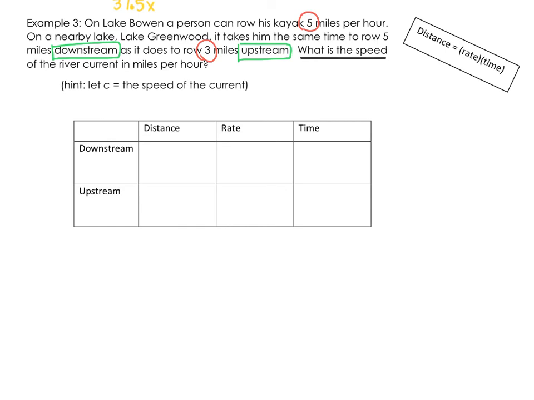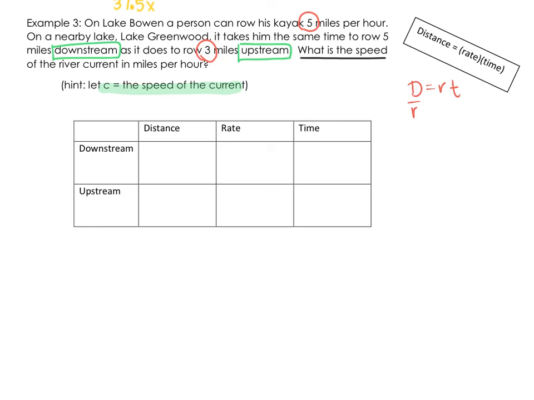I gave you a hint that said let C be the speed of the current. Off to the side I gave you this formula: distance equals rate times time. Now I'm going to need to find the time.